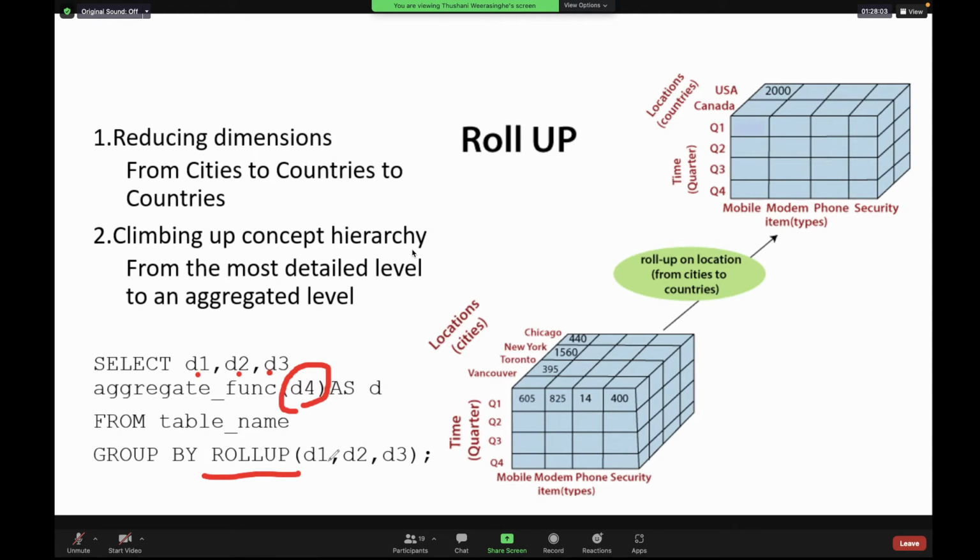So rolling up all these 3 dimensions and putting them in D4 means a summarized view will be provided to you. Did you get that? Sachini? Yes, ma'am. Okay, good.